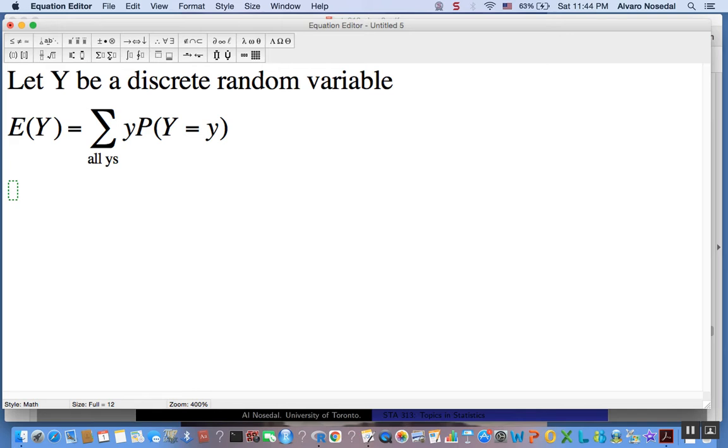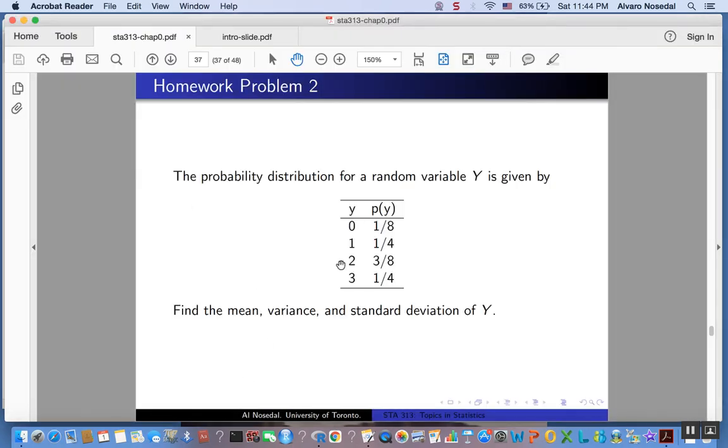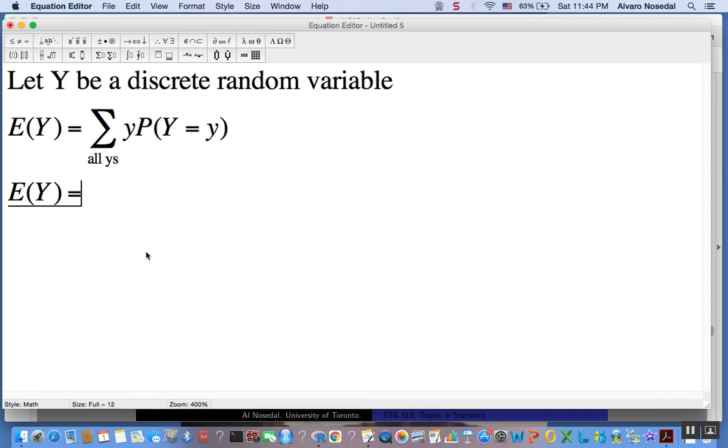In our problem, that is going to be 0 times 1 over 8, 1 times 1 over 4, 2 times 3 over 8, and 3 times 1 over 4. Let's write that down.